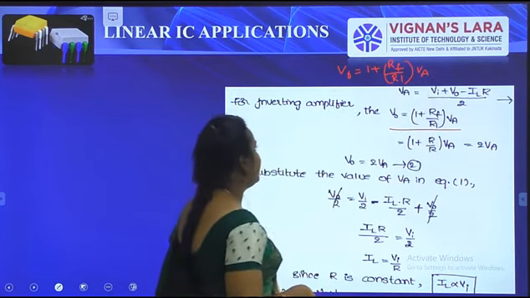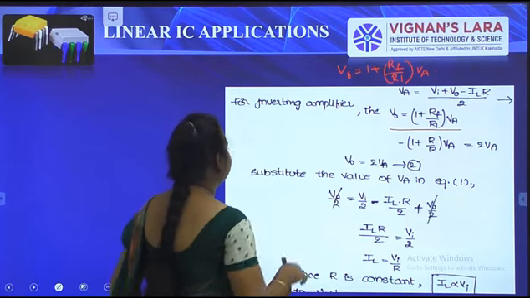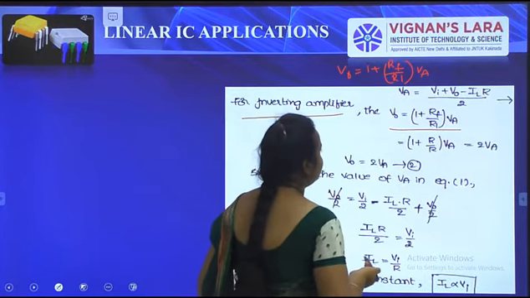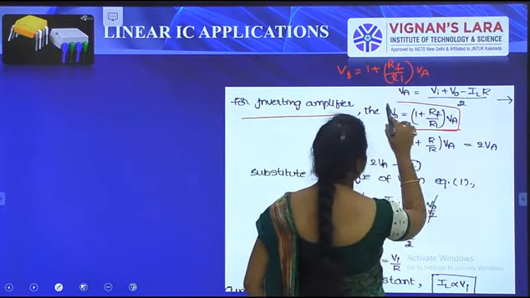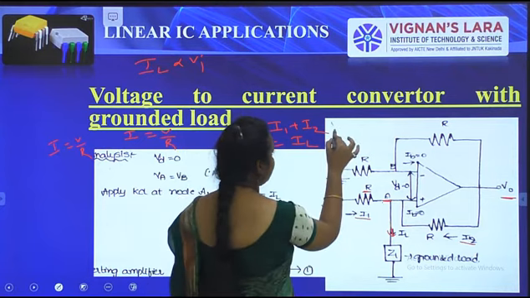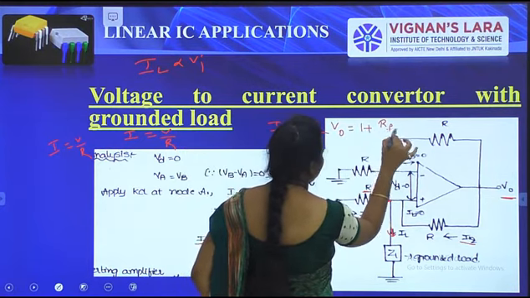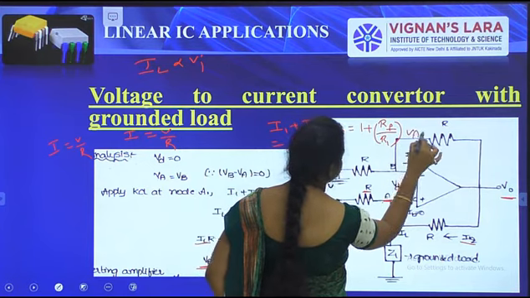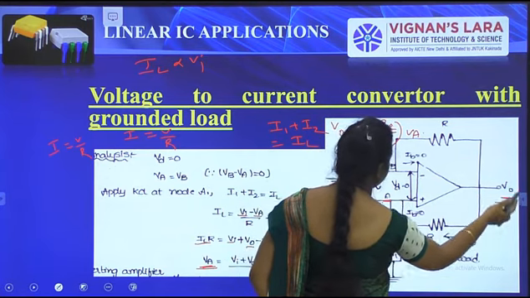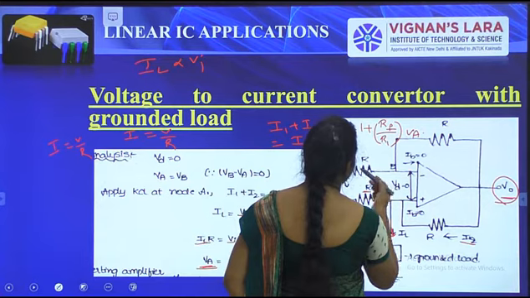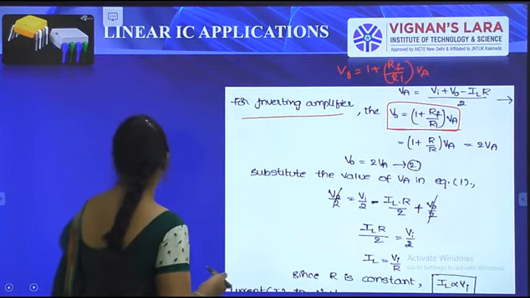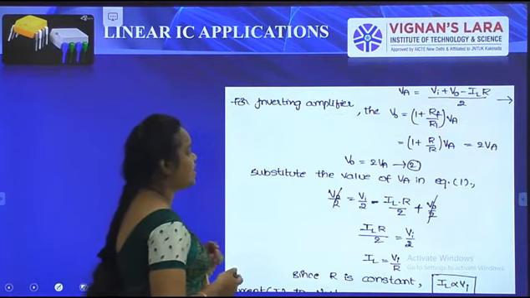This is a standard equation for the amplifier. So the output voltage V0 is equal to 1 plus RF by R1 into VA. This is the standard formula.